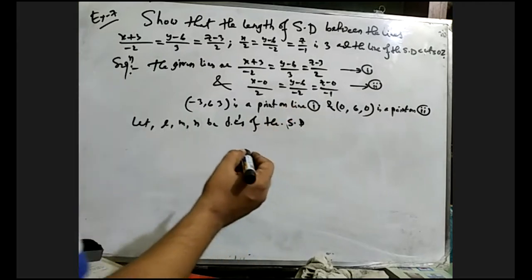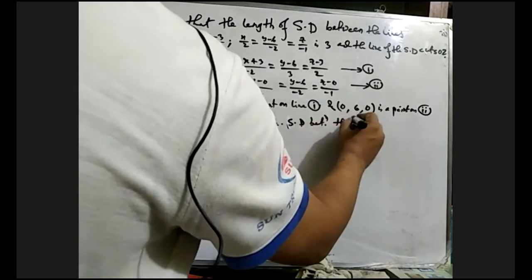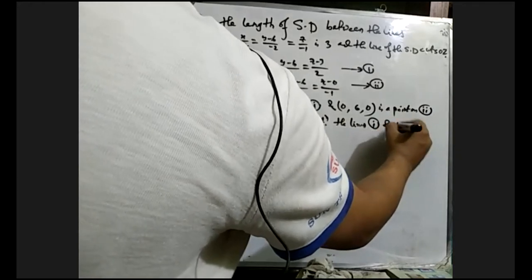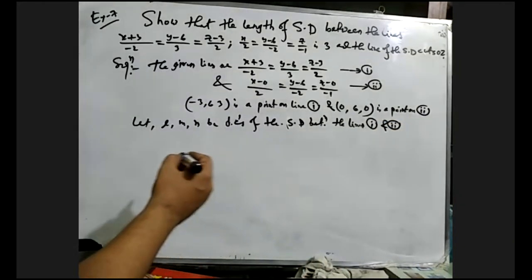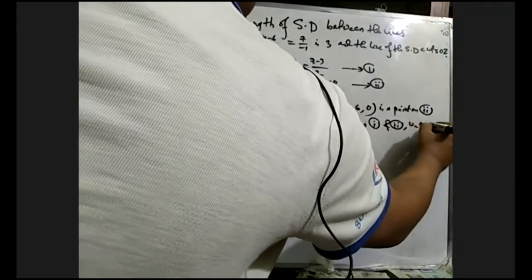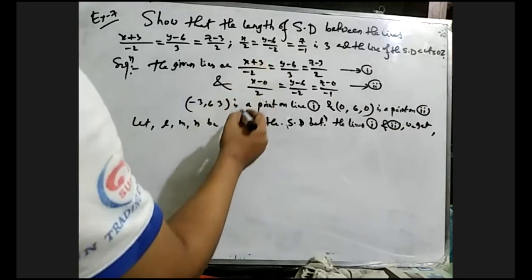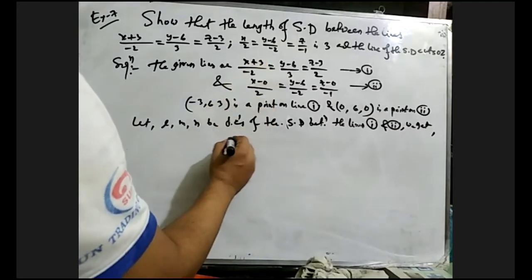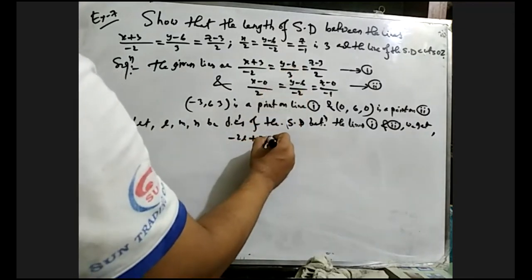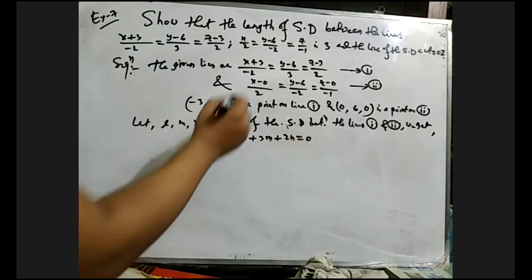Okay, between the lines 1 and 2, we get immediately the ratios: minus 2L minus 2... and 3M plus thrice M and twice N equals 0 from the first line.